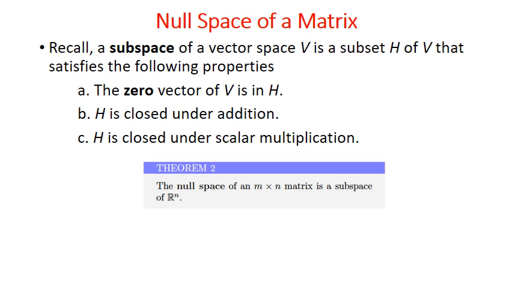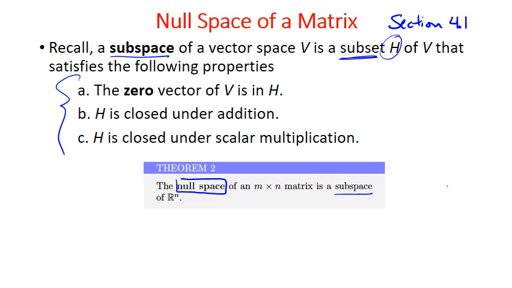For a moment here, let's flash back to section 4.1, where we talked about subspaces. And remember, a subspace of V is a subset H that satisfies these following properties. Theorem 2 in this section says that the null space of an m by n matrix is a subspace of Rn.